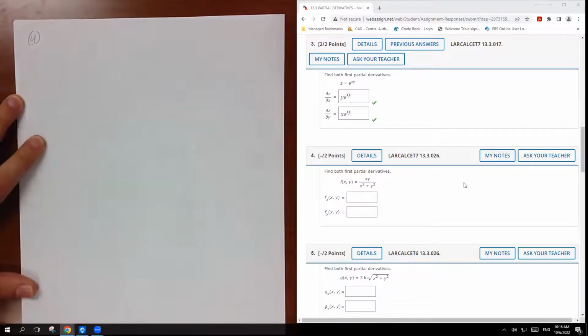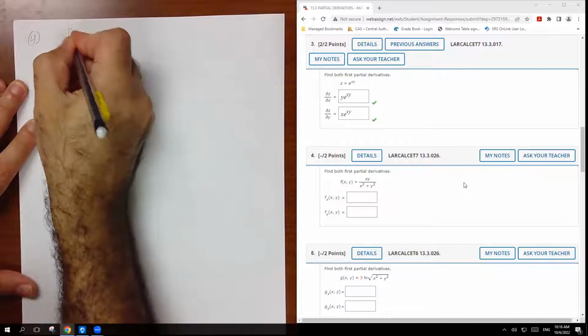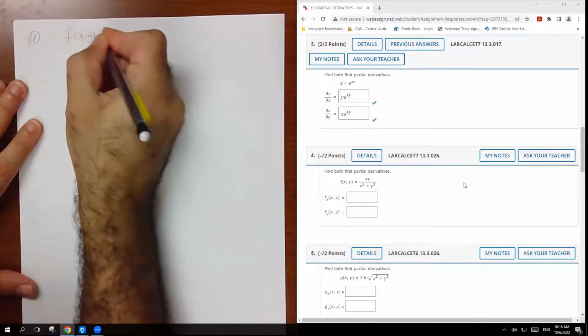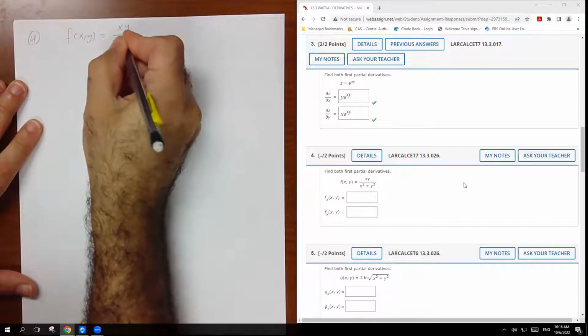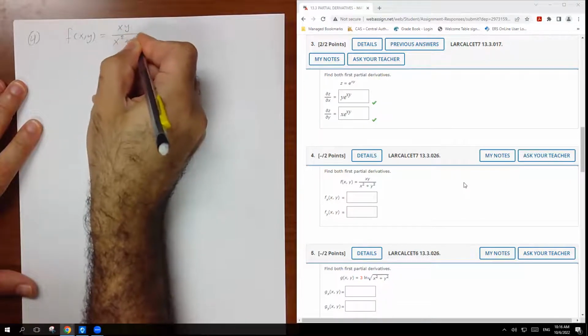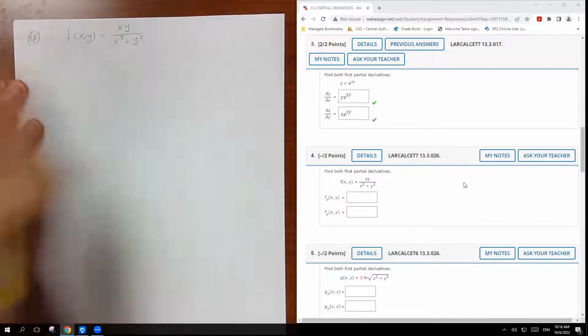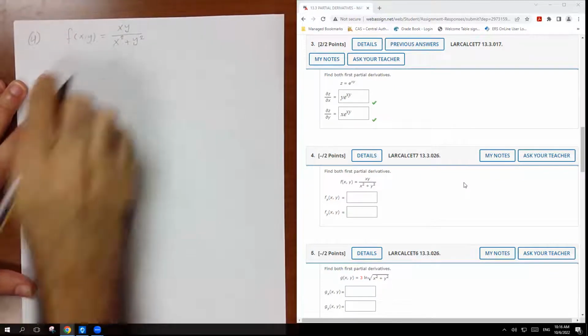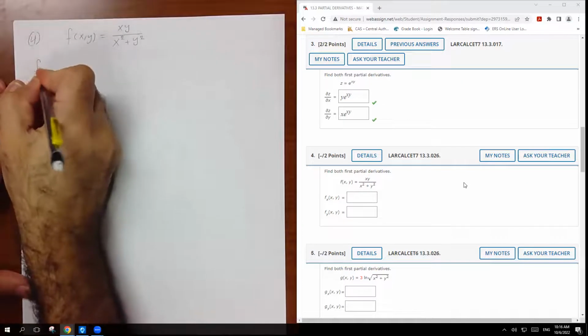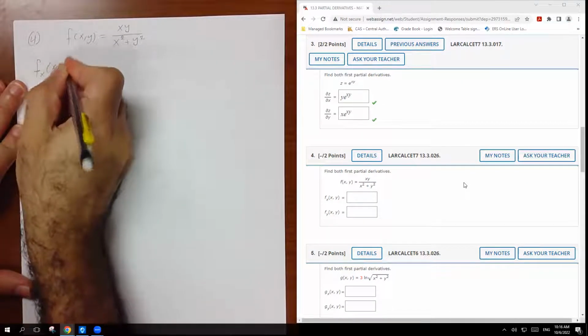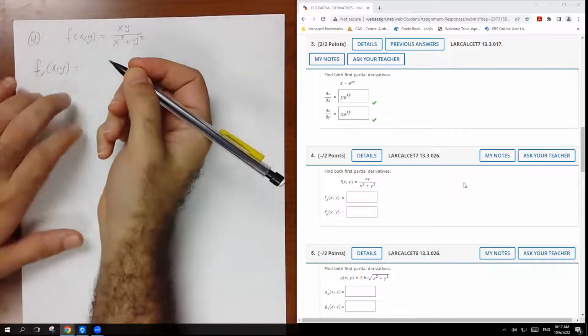So question 4, our function is f(x,y) = xy divided by x squared plus y squared. Now we need to find the derivative with respect to the first variable, x. So f sub x of (x,y) is going to use the quotient rule.